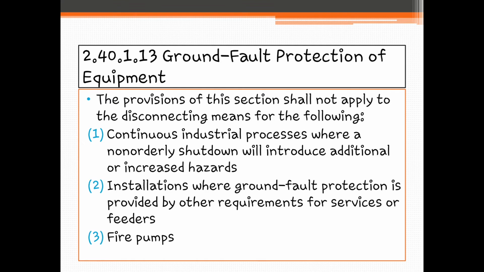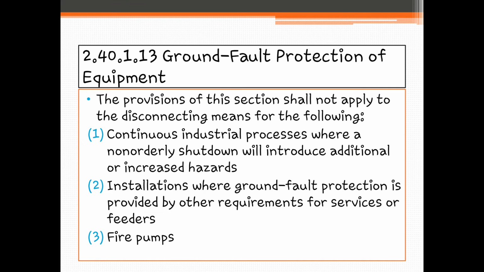Next is ground fault protection of equipment. So, the ground fault protection of equipment shall be provided in accordance with the provision of 2.30.7.6 for solidly grounded wye electrical system of more than 150 volts to ground but not exceeding 600 volts phase to phase for each individual device used as a building or structure main disconnecting means rated 1000 amperes or more.